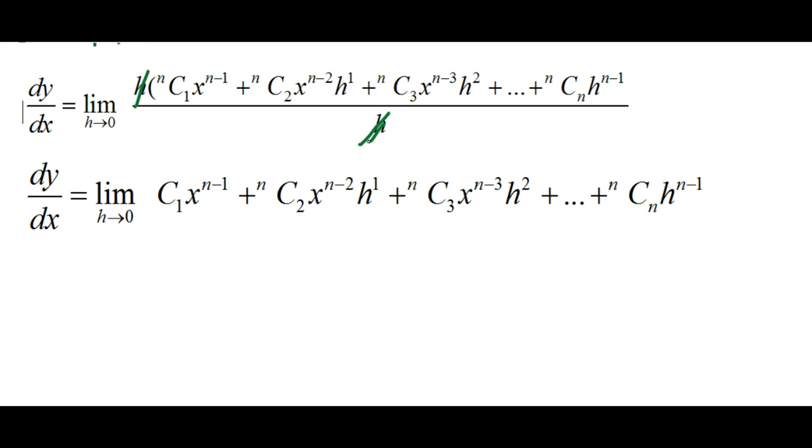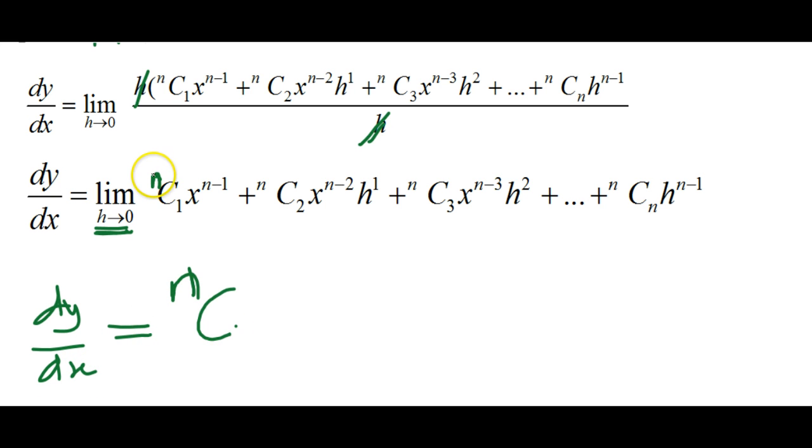Now I cannot take my limit since I don't have a denominator of h. And the limit as h approaches 0, it means dy dx will be equal to, there's n combination here, I think that has gone off. So I'll be left with n combination 1 x to the power n minus 1.